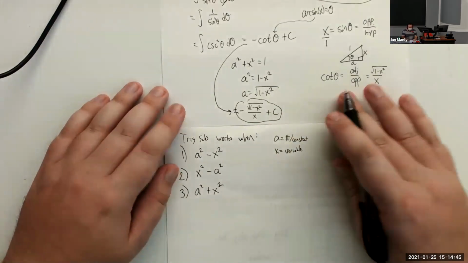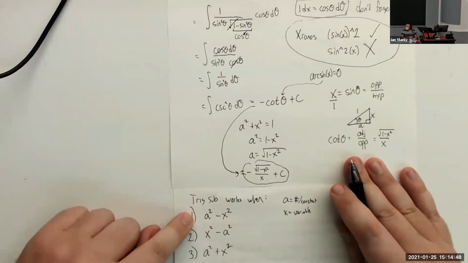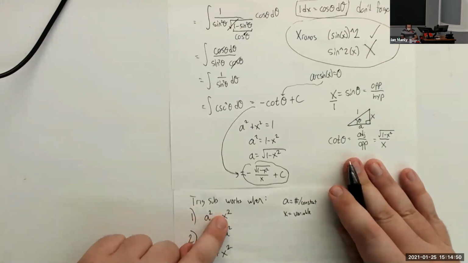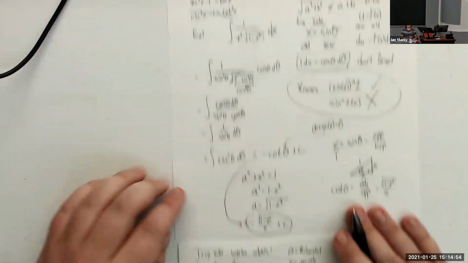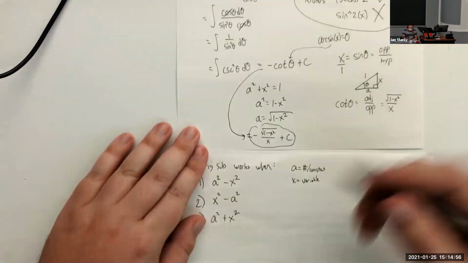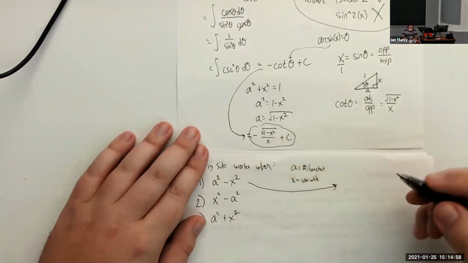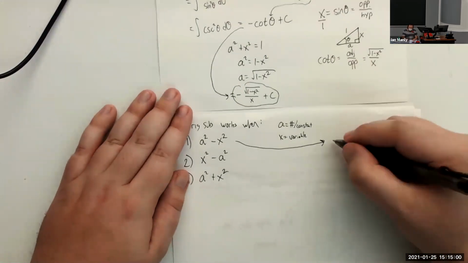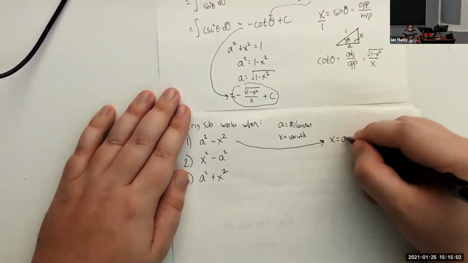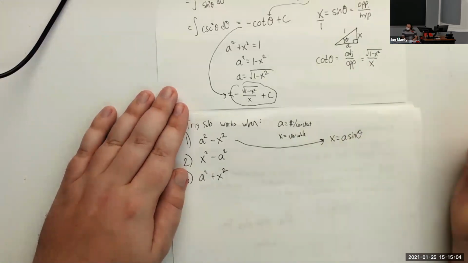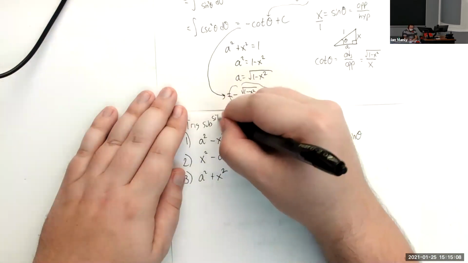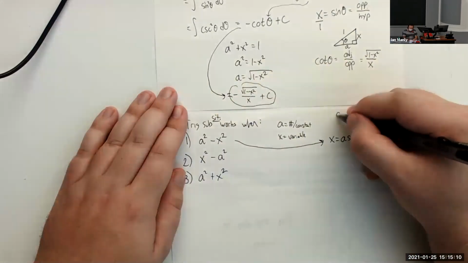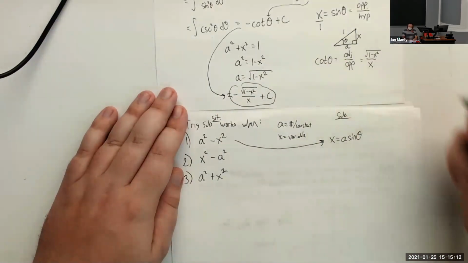Now, in particular, for our last problem, it was case 1, where we had a number squared minus x squared, and that number being squared was 1. So when we have case 1 right here, what do we do? We make the following substitution: x is equal to a times sine of theta. So this is the situation here, and this is the substitution we do in that situation.